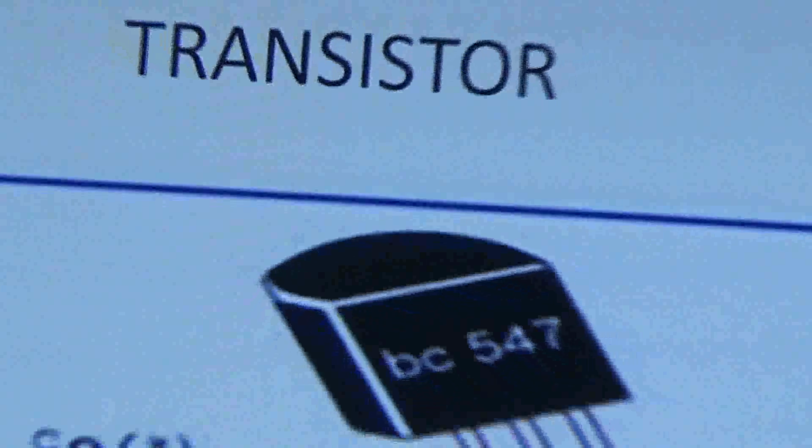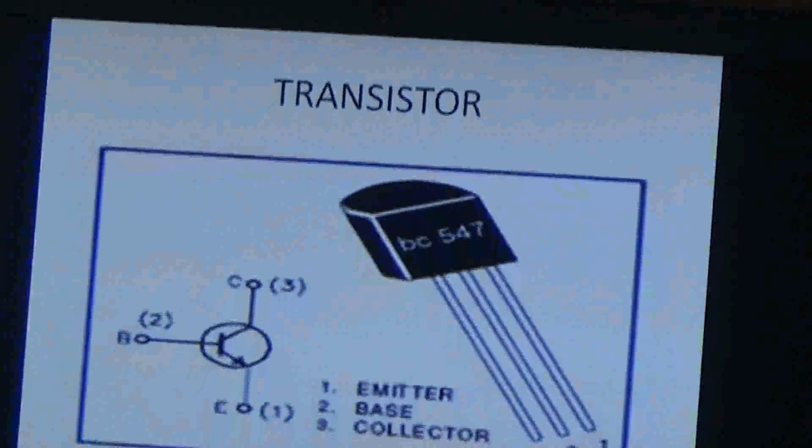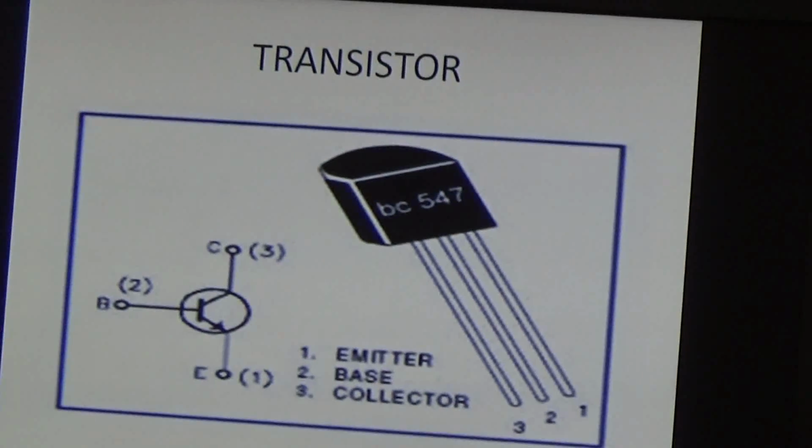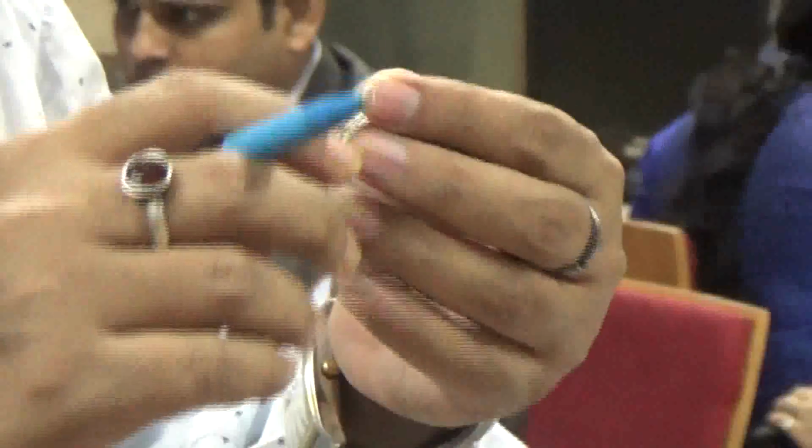Then we introduce the MOSFET. MOSFET is a four-terminal device: source, drain, gate, and body. This is the notch in the MOSFET.